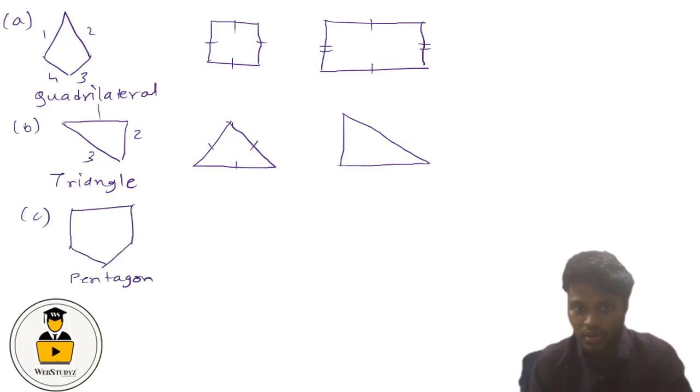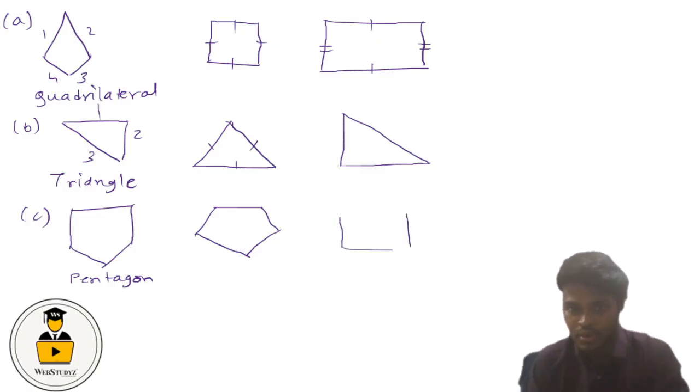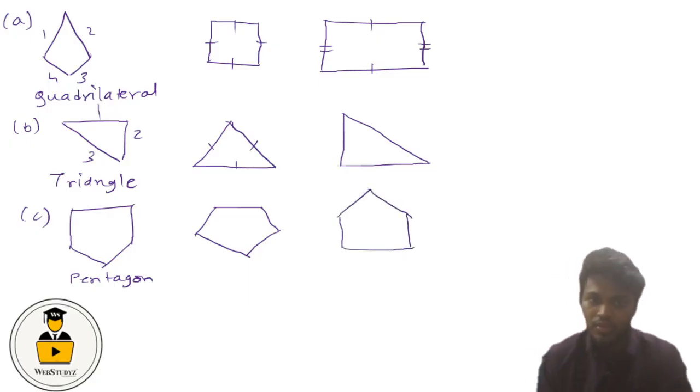And if you want to draw two more examples, it will be 1, 2, 3, 4 and 5. We can see that it has five vertices: 1, 2, 3, 4, 5. And similarly we can draw 1, 2, 3, 4 and 5. So these are two more examples of pentagons.